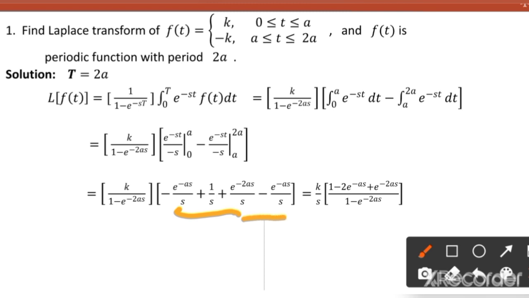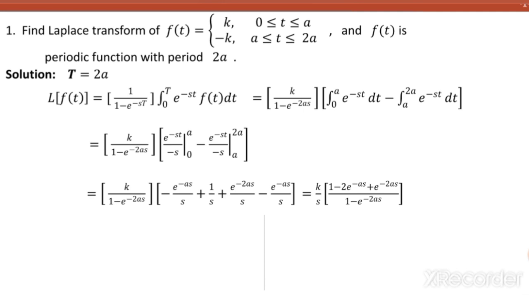So if I further simplify, I can take 1 over s, which is common, out: k by s into 1 minus 2 e power minus as plus e power minus 2as, divided by 1 minus e power minus 2as. I can simplify this by observing the numerator. The numerator is in the form of a minus b the whole square, where a is e power minus as and b is 1.